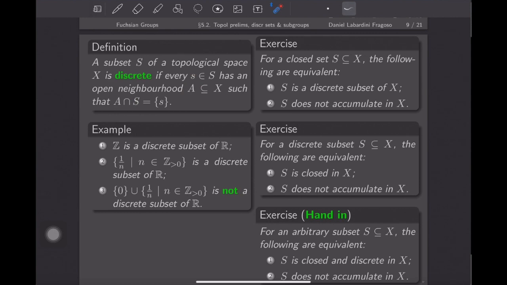So somehow it's isolated. But one has to be careful when one says isolated.